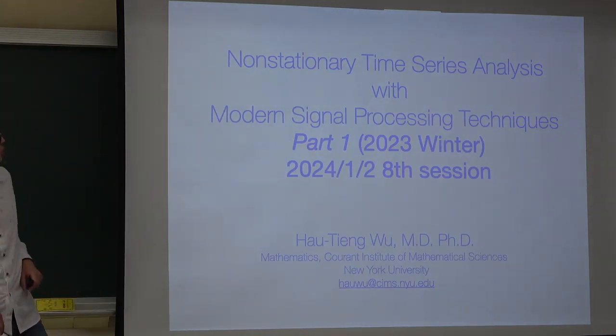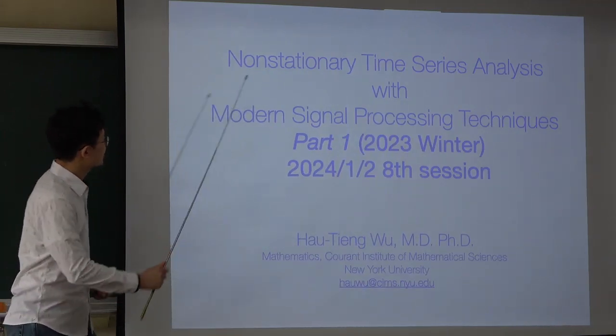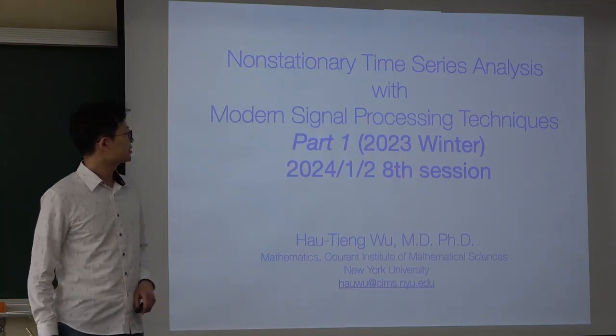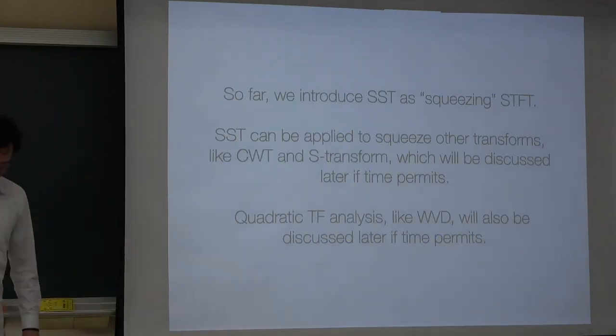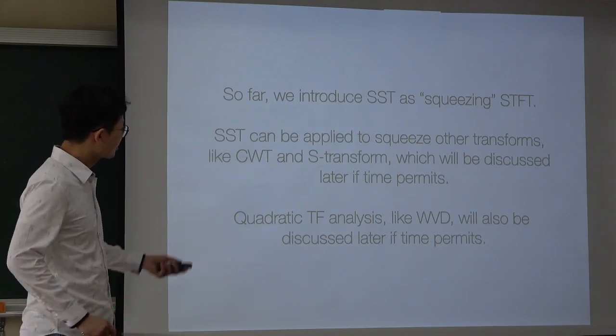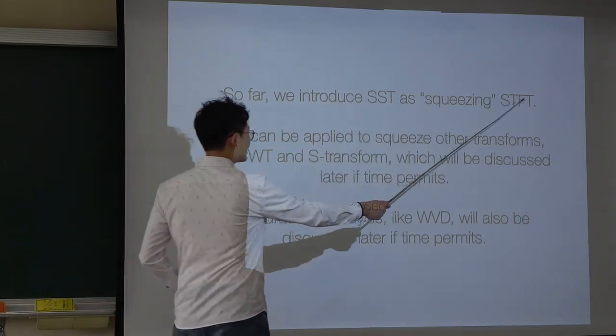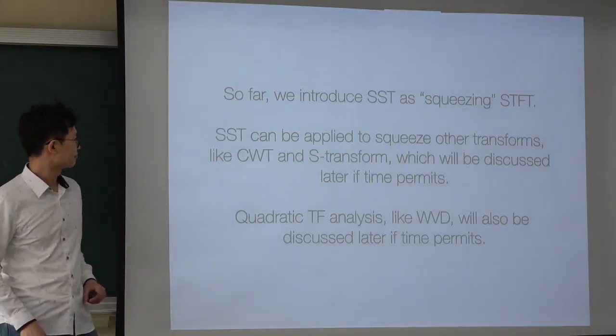So let's continue with the A section of part 1 of non-stationary time series analysis with modern signal processing techniques. So far, what we have introduced is synchrosqueezing that squeezes the short-time Fourier transform, or squeezes the spectrogram.